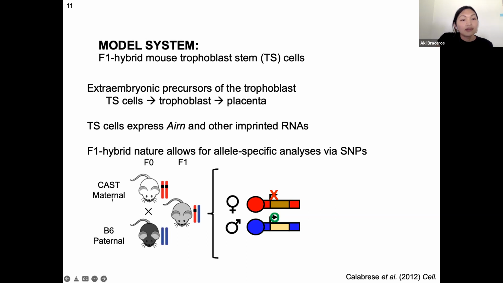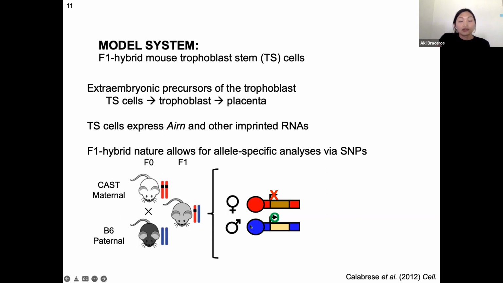And so in this case, we have a Cas mom and a B6 dad. And the Cas and the B6 strains are known to differ by their DNA content by at least 20 million single nucleotide polymorphisms, or SNPs. And so we can exploit these SNPs to be able to trace back each allele to their parent of origin.